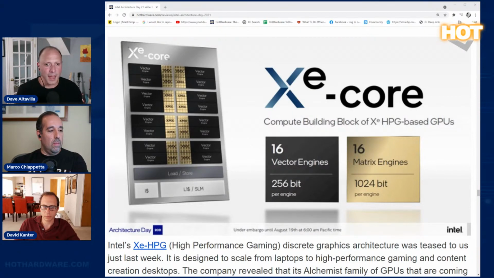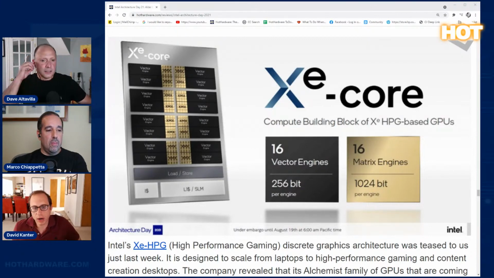So we have the math now. 16 vector engines, 4 of these cores per slice, and then 8 slices per GPU, if I have that right. Anyways, thoughts about this real quick. I think we didn't get a lot, we're just getting a certain tease here. XeSS is their super sampling algorithm that they came out with as well. It's great to see that. What were your high level takeaways here, Dave?